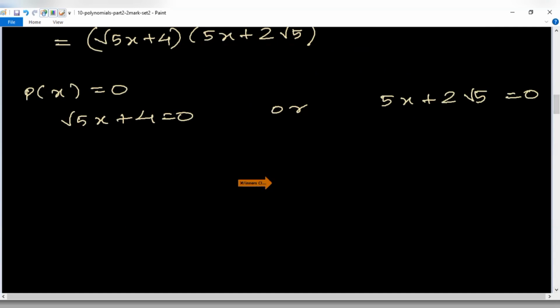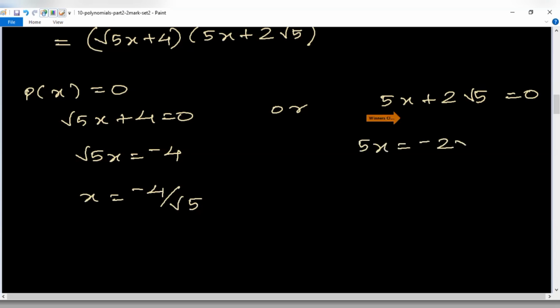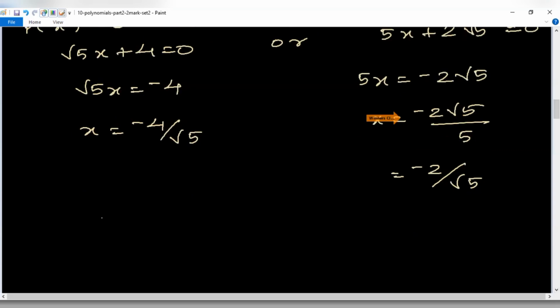So here root 5 x equals minus 4, or x equals minus 4 by root 5, and from here 5x equals minus 2 root 5, so x equals minus 2 root 5 by 5, that is minus 2 by root 5. So these two are the zeros of the polynomial, minus 2 by root 5 and minus 4 by root 5.